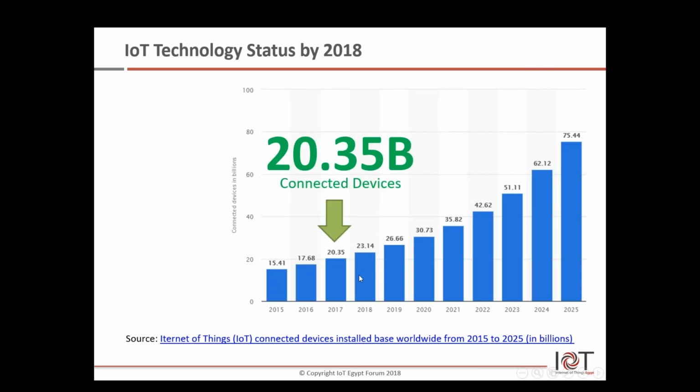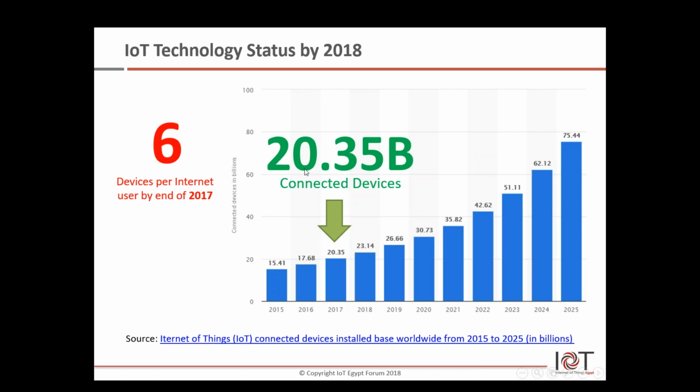By the end of 2017, the estimation for the connected devices was about 20.345 billion. That gives us, if we calculate the number of connected users using the internet, 6 devices per internet user by end of 2017.